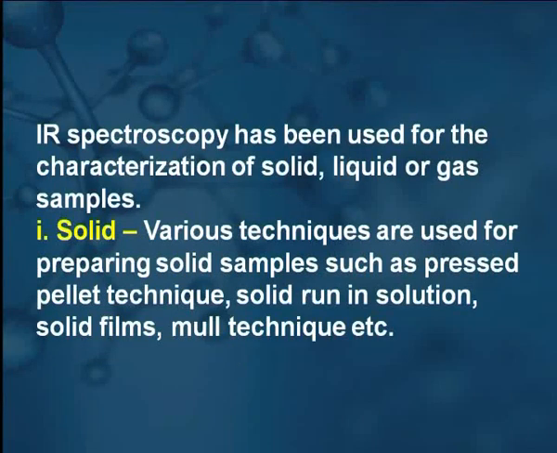IR spectroscopy is used for the characterization of solid, liquid and gas samples. For solids, various techniques are used for preparing the sample, such as the pressed pellet technique, means we prepare a pellet of the powder sample, solid run in a solution, solid films, mull techniques, etc. These are the solid sample preparation methods.